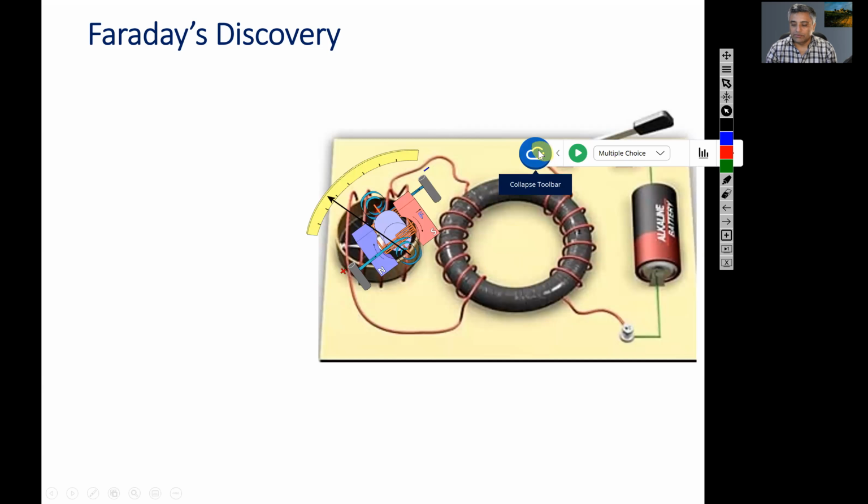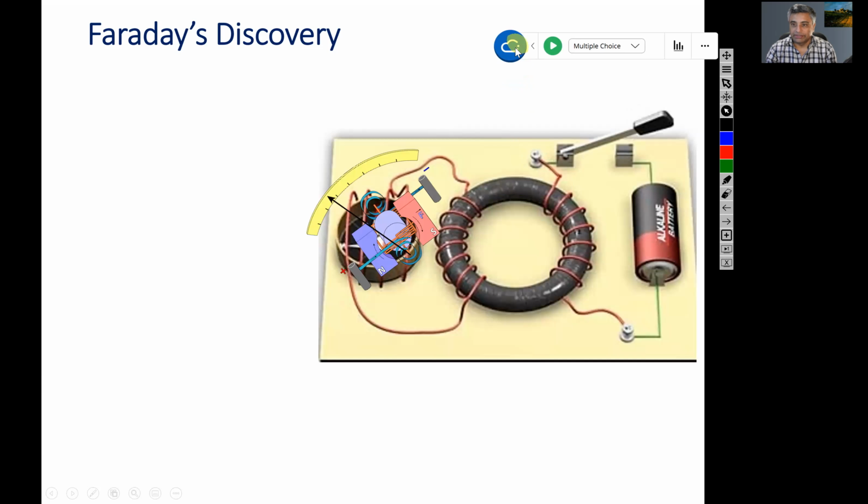So here is one such simple setup. There is this battery, and this is just a switch, right? And this is iron, and this is a coil on one side. When current flows through the coil, it generates a magnetic field, right?